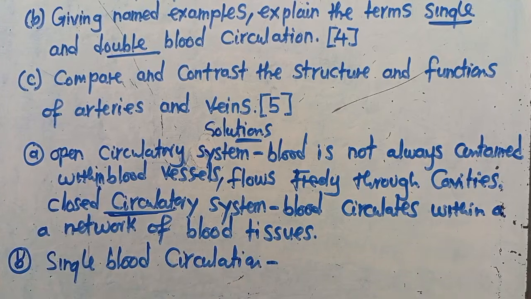In this case, what you need to understand is that blood passes through the heart once during a complete circuit of the body. So this is what we mean by single circulation.